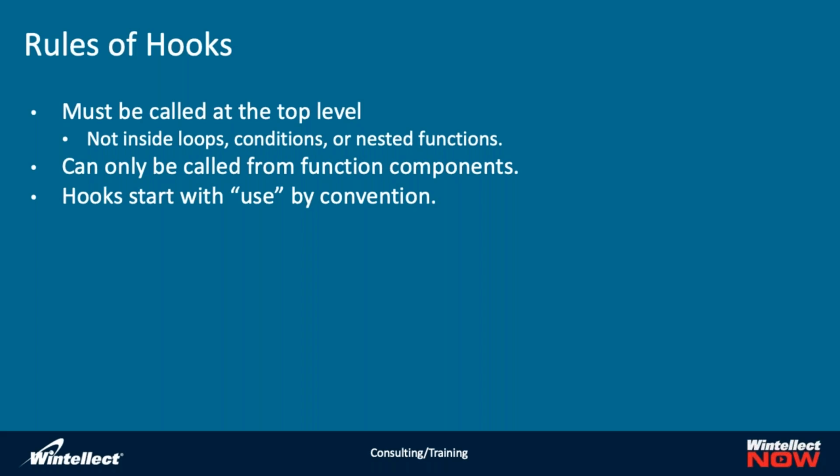So if you have loops, conditions, or nested functions around your hooks, then this is going to cause unexpected behavior. Hooks can only be called from function components, and hooks start with use by convention.